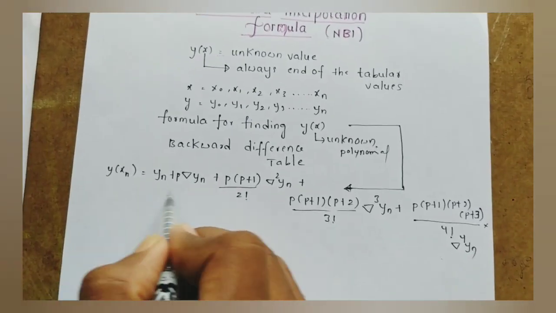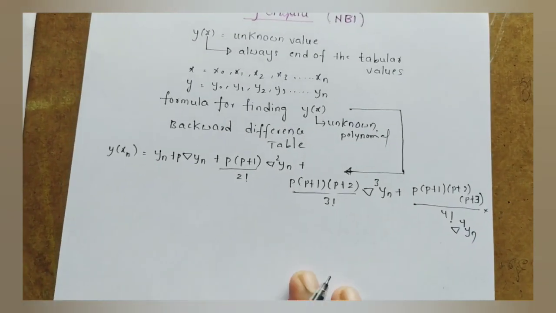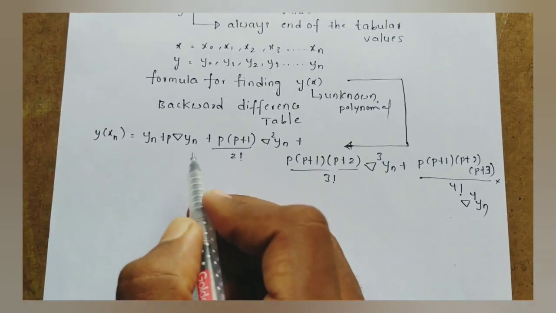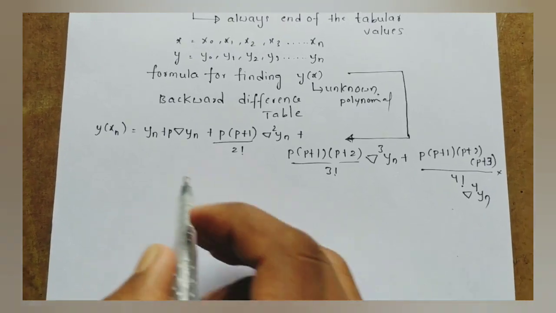This is the formula for finding a polynomial by using the backward difference formula.